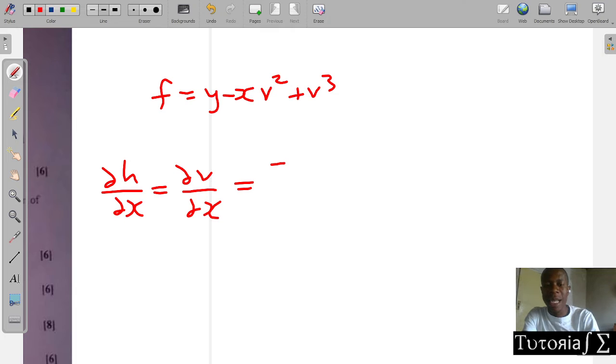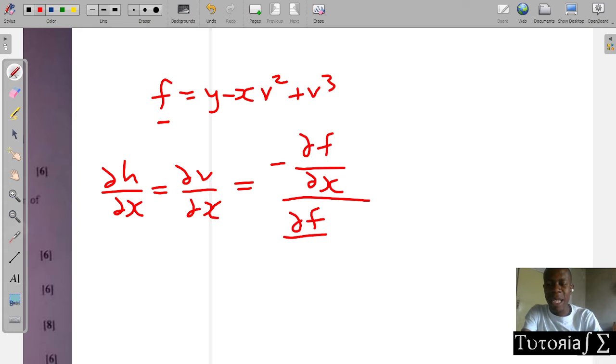This is equal to negative the f, the function that you have here, which is an arbitrary function, over whatever is at the bottom there, which is the x, then divide by, again, the f over whatever is at the top right here, which is the v, so dv.